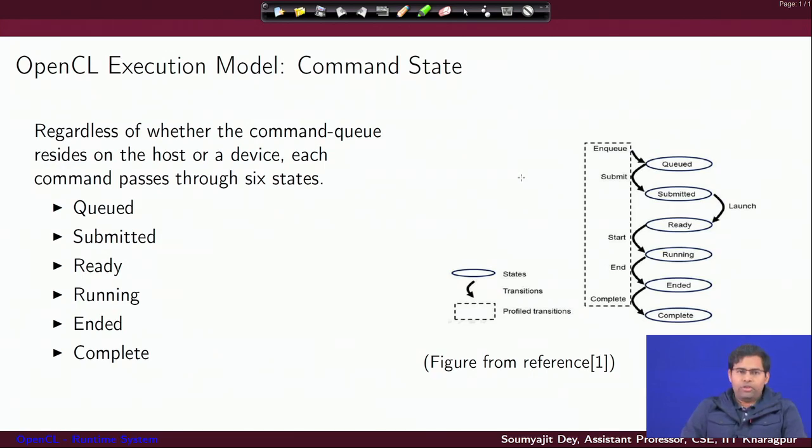A command will be queued, then submitted to the device, it is ready to execute, it is actually running, the command ends and the command gets completed. So, these are all the different possible status values for a command in its lifetime, from when it starts sitting in a queue up to the point when it completes its execution.